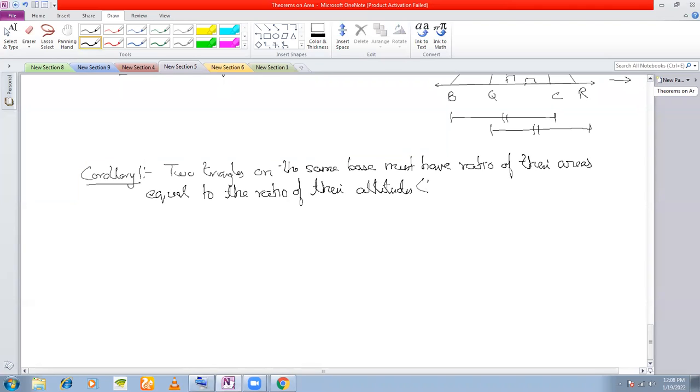Okay, important theorem, important deduction in fact. What does this mean?